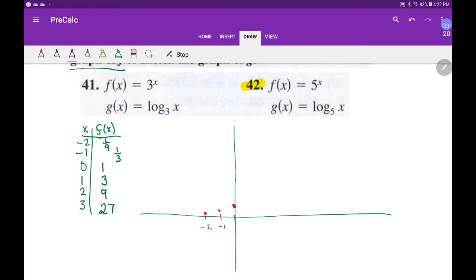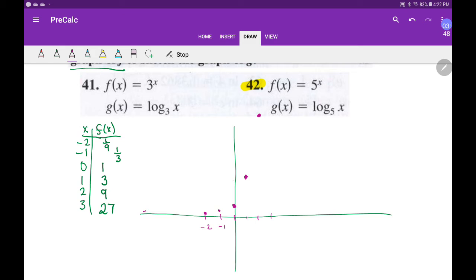At 1, I'm at 3. Sorry about that. Can I undo that? Oh, no, I can't. Okay, let's do this. There we go. At 1, I'm at 3. At 2, I'm at 9 up here somewhere. At 3, I don't have room to show you that.